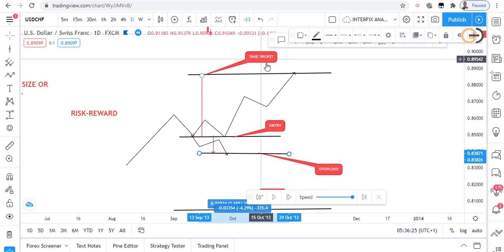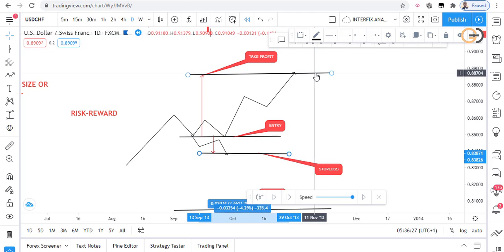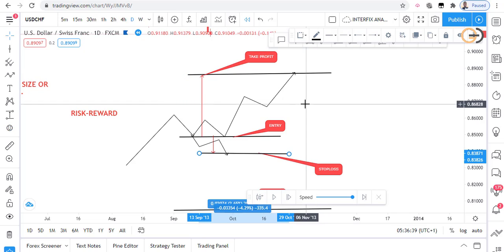Your take profit is where you will take profit. That means you will make money and say, okay, I've made enough money here, and you leave the market, you close the order. Okay, so that is how you must understand risk management. It is very, very important to every trader.